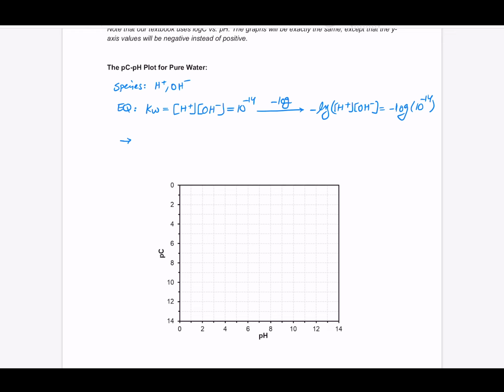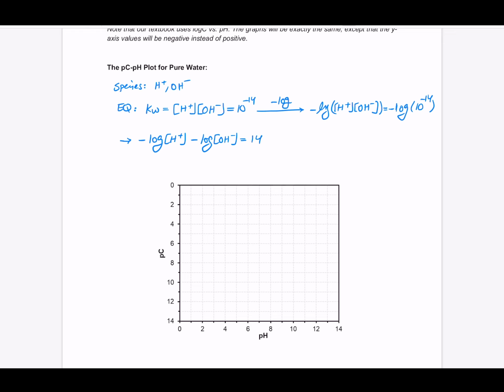Using log rules from general mathematics, we can expand it as minus log H plus minus log OH minus is equal to 14.